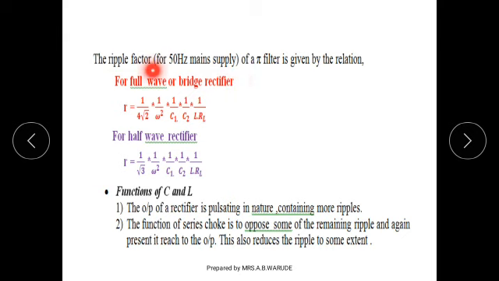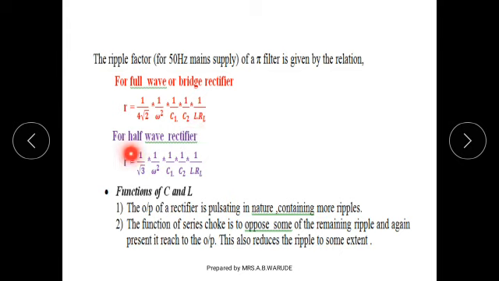If we consider a 50 Hz mains supply and a full wave bridge rectifier, then the ripple factor is given by the formula r = 1/(4√2) × 1/ω² × 1/C1 × 1/C2 × 1/(LR), where ω means frequency, C1 is the value of capacitor 1, C2 is the value of capacitor 2, L is the value of inductor and R is the value of resistor.